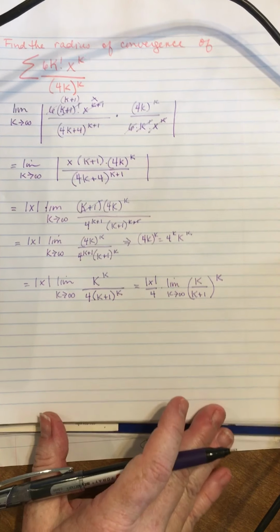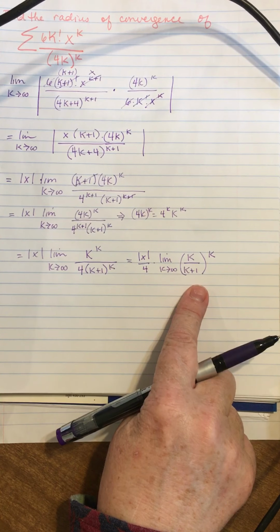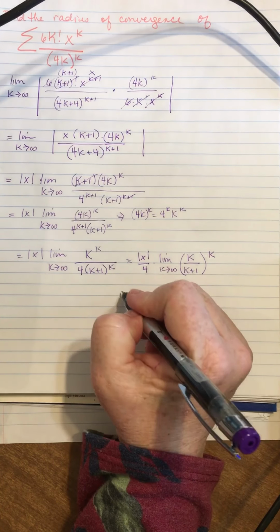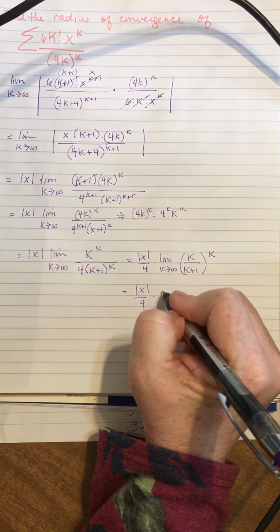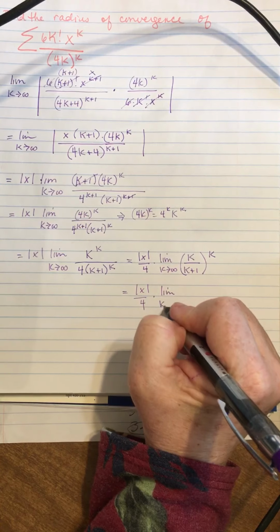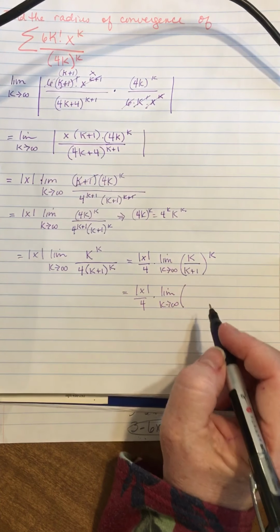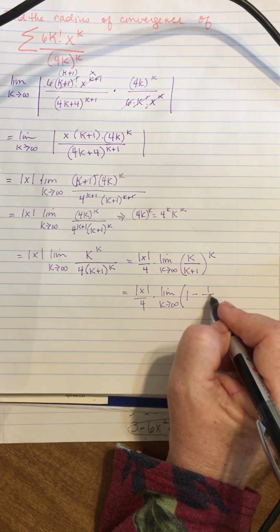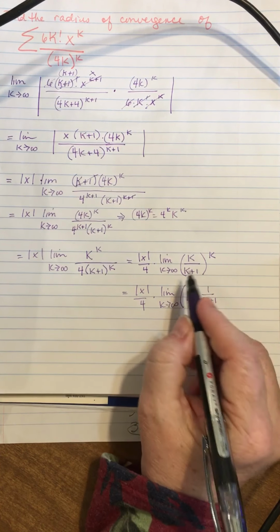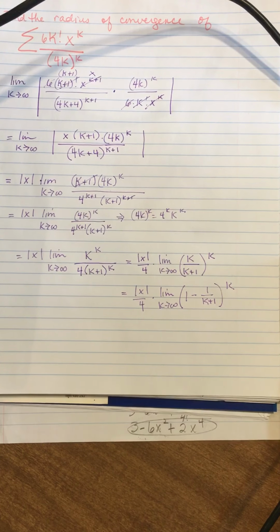And this limit we can do with L'Hopital's rule, or we can say, okay, we know this is absolute value of x over 4 times the limit as k approaches infinity of, if you divide k by k plus 1, you're going to end up with 1 minus 1 over (k plus 1), just rewriting that fraction after division, to the k.